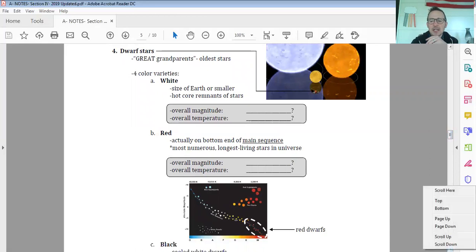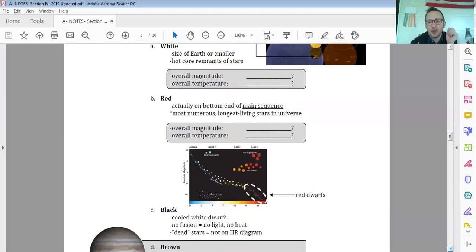All right, our last two colors, everybody, are not on the HR diagram. And there's a reason for this. To be on the diagram, you have to generate your own heat and your own light, which is why we don't see planets on the diagram. So this group are called black dwarfs. This is basically the burned out core of a white dwarf star.